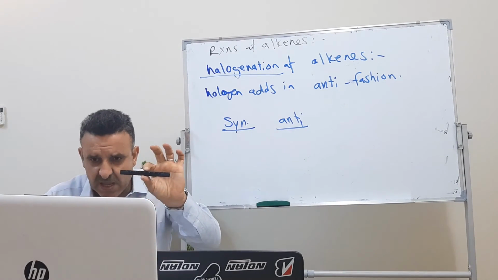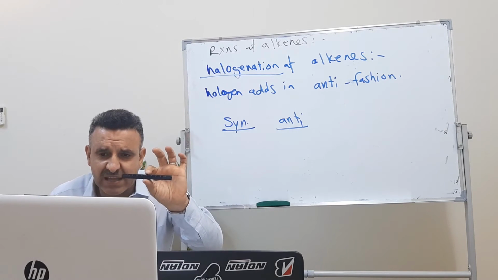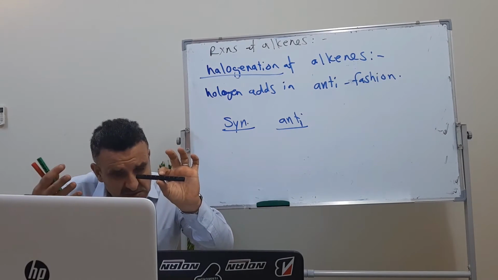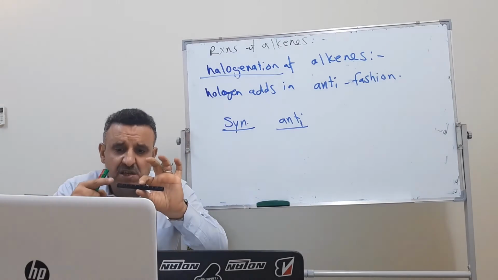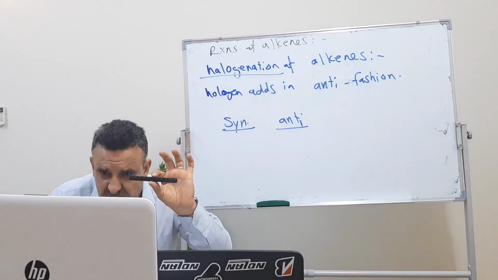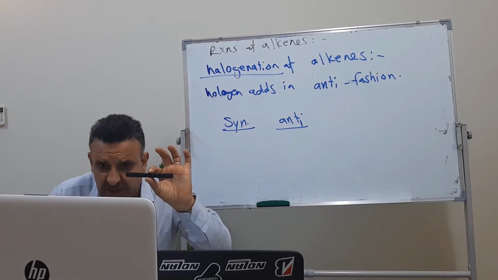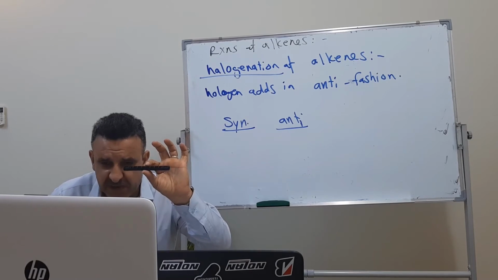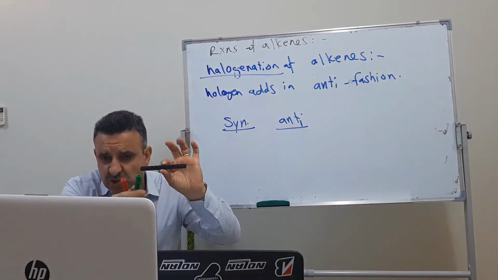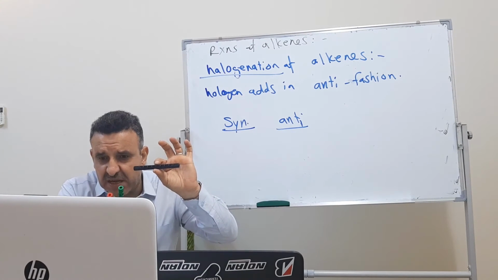Now we have an addition reaction to this side here. The addition means two parts will add to these two carbons. Is that clear so far, guys? Are you following me?